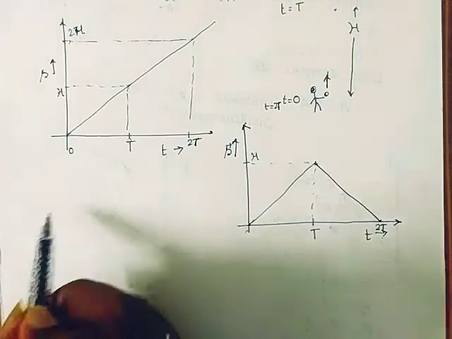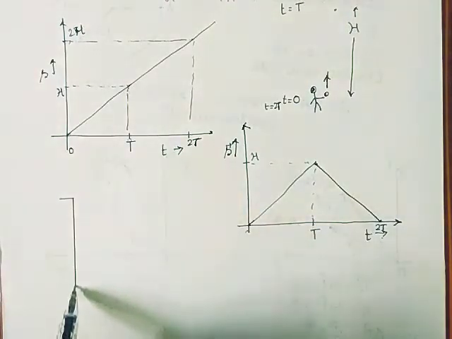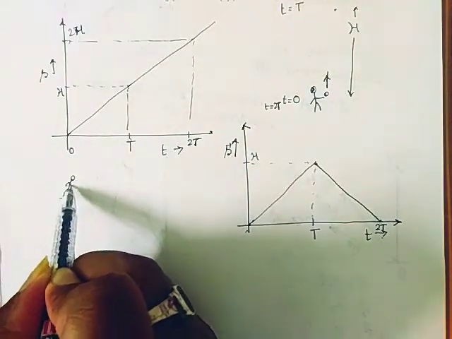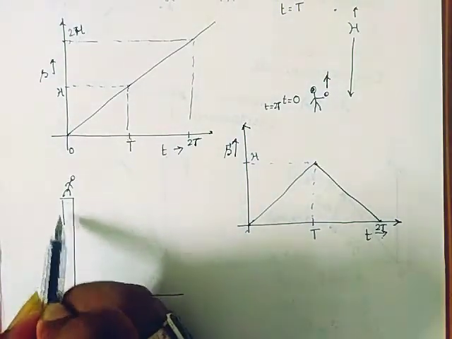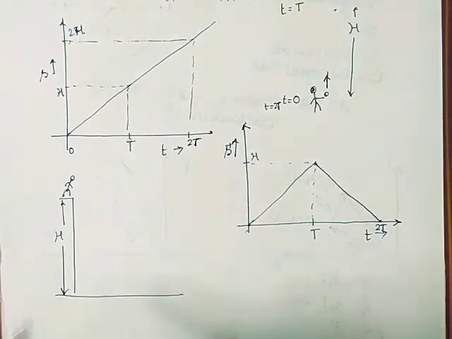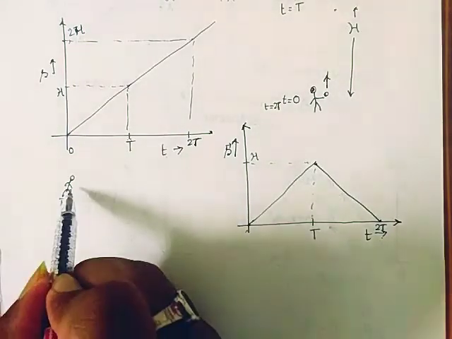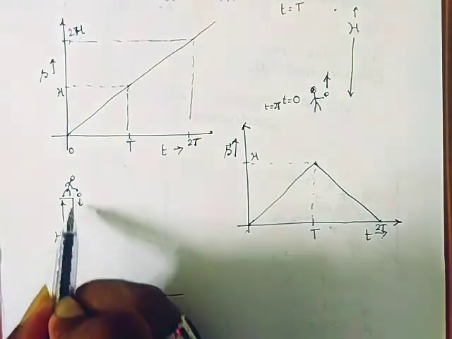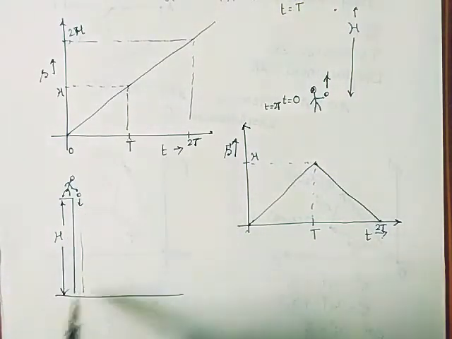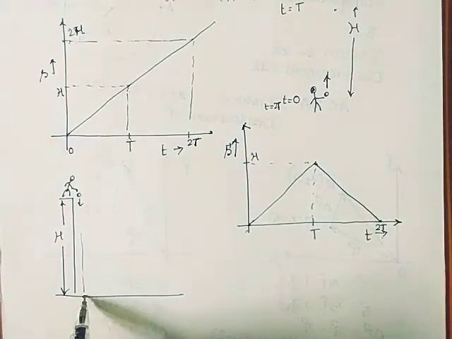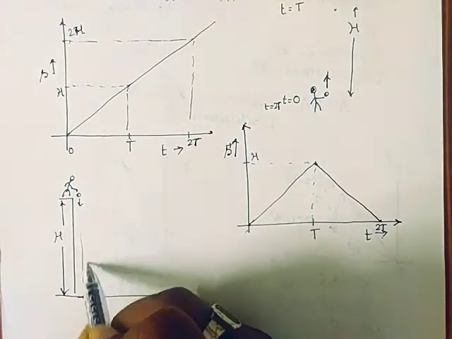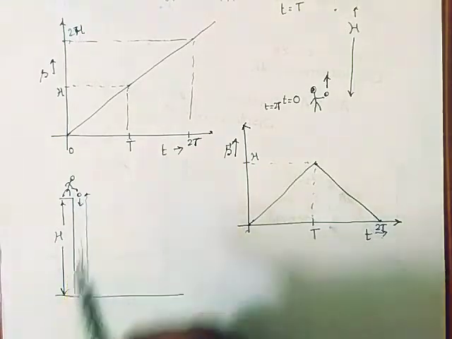Now if anyone is here at a height capital H, he drops a ball, and when it strikes the ground, we consider this to be a completely elastic collision, no energy is lost, and again this ball returns to his hand.